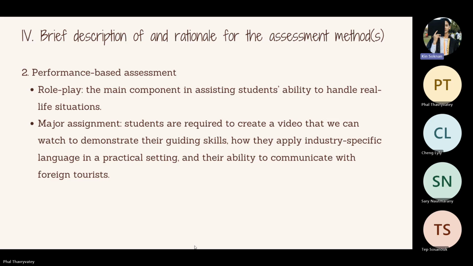When they study tourism, what kinds of language do they use in that video? So, language in a practical setting and the ability to communicate with foreign tourists. This is the major assignment that we want our students to do.